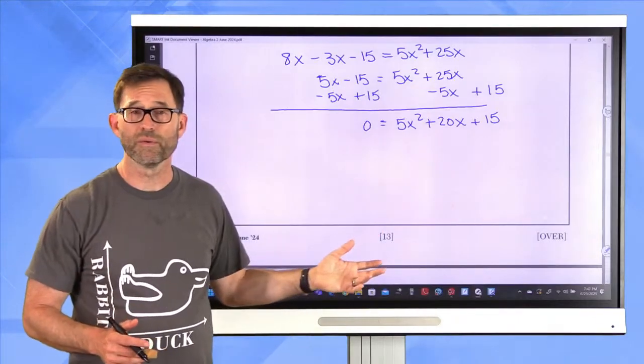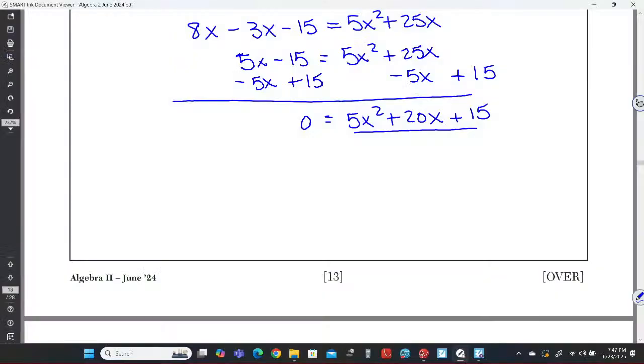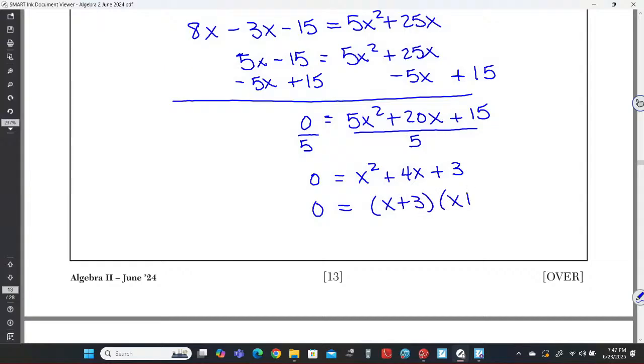So what I'm going to do, because it's an equation, is I'm just going to divide this side of the equation by 5 and this side of the equation by 5, giving me 0 equals x squared plus 4x plus 3. And now this should be fairly easy to factor.